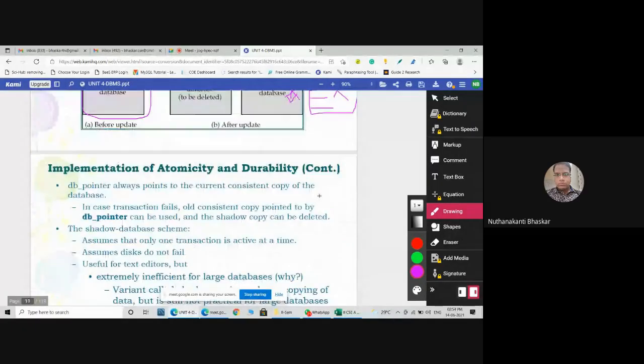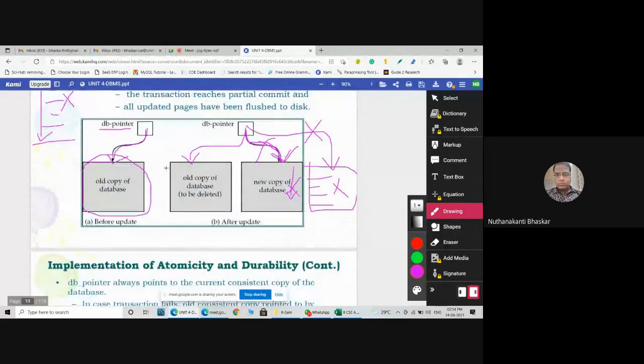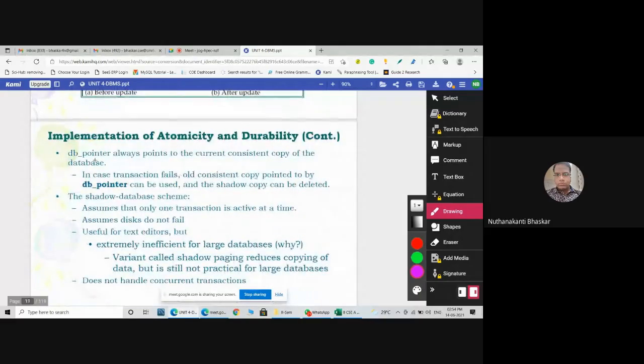Right. Now, whatever I told you, the theory is there. The database pointer always points to the current consistent copy of the database. In case a transaction fails, the old consistent copy pointed to by the DB pointer can be used and the shadow copy is to be deleted.